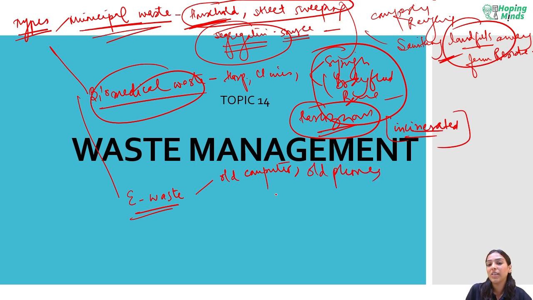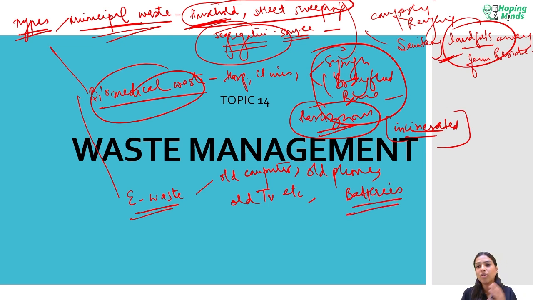You buy a new TV, you throw away your old TV. And something when we studied, if you remember pictorially, we studied about soil pollution. We saw that old batteries were thrown into the soil. So all of this forms a part of e-waste.